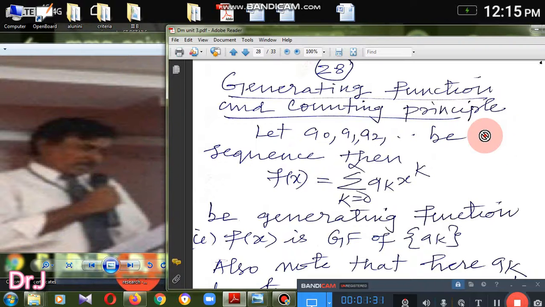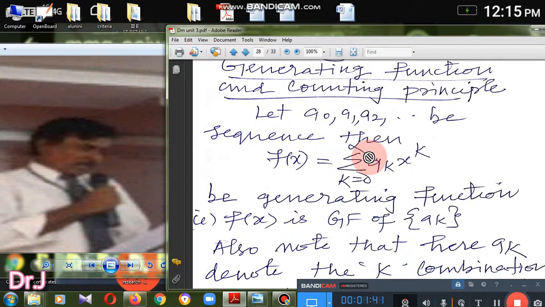Now look at that. Suppose that A0, A1, A2, and so on are real numbers, a sequence of real numbers. Then we can make a generating function like this. How?